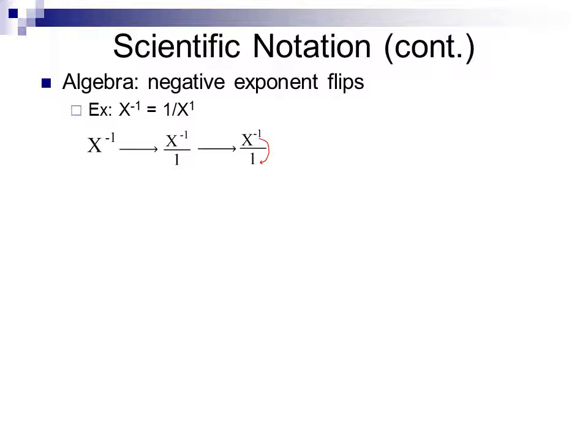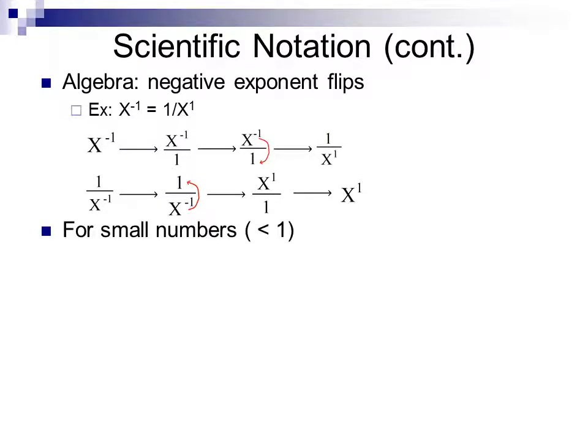We flip the negative exponent to the other side of the fraction, giving us 1 over x to the 1. The same thing is true if it was on bottom initially. If we had 1 over x to the minus 1, we could move it to the top. And then we would have x to the 1 over 1, which gives us the same thing as just x to the 1.